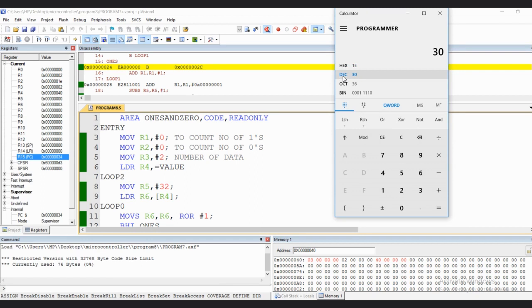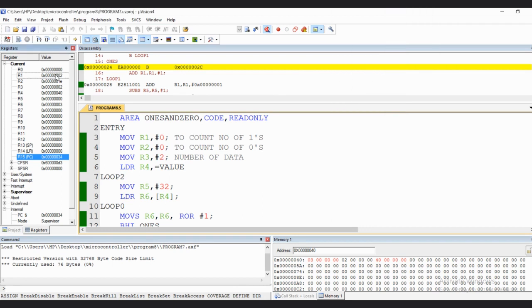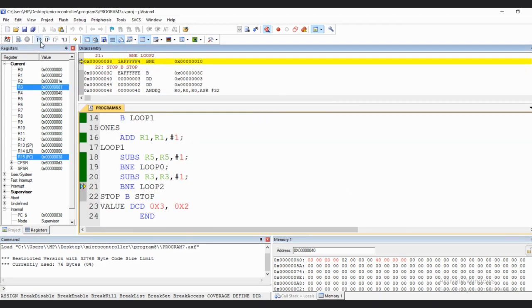This is the number of zeros and this is the number of ones. This is only after executing one number. Then we shall continue.